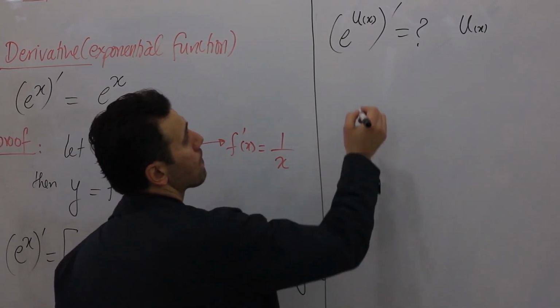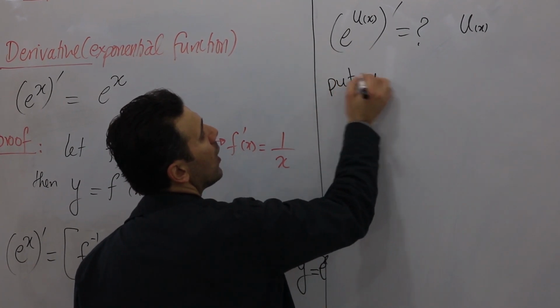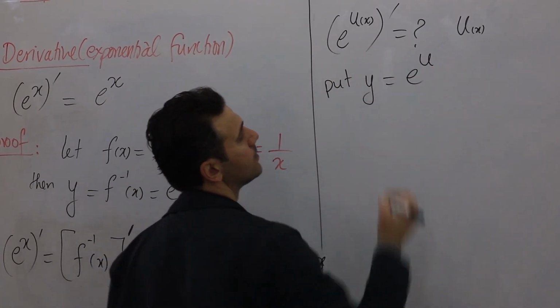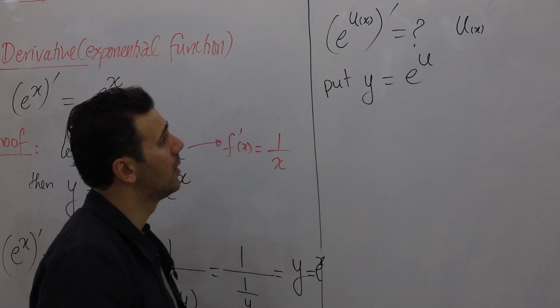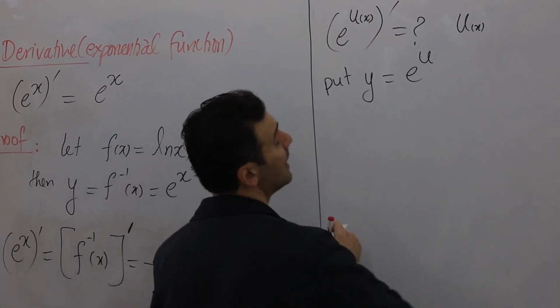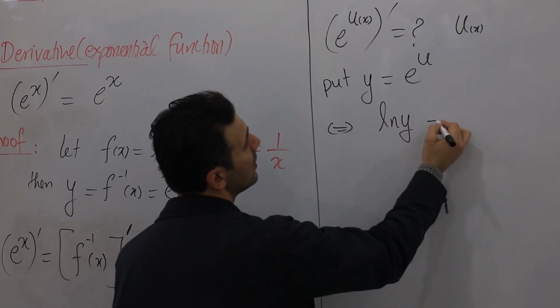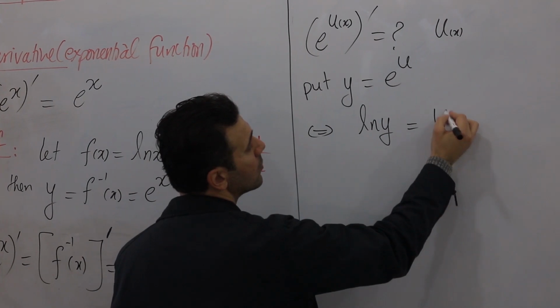To do this, we can put y equal e^u. Before going directly to the derivative, we take ln of both sides. This is equivalent to saying that ln y equals u.